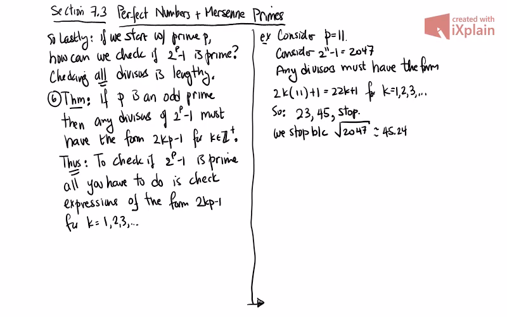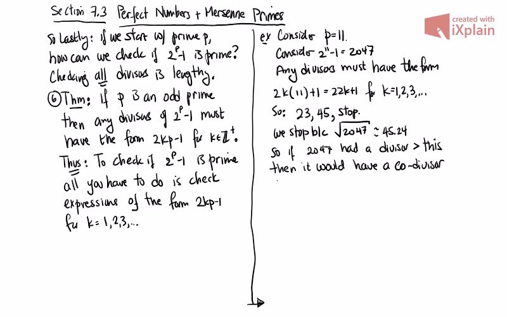So what this means is if there's a divisor bigger than this, it has a co-divisor that's less than this. So these are the only two things we need to check. So we check, and if we divide 2047 by 23, we get 89, and we're done. It's not prime.